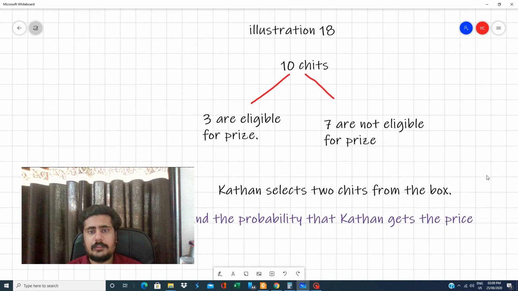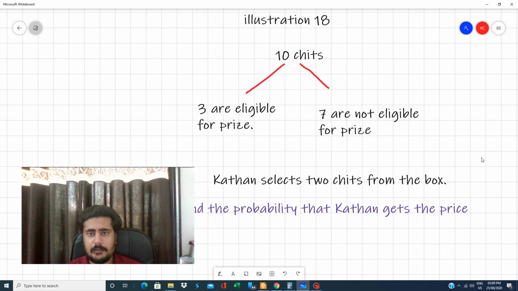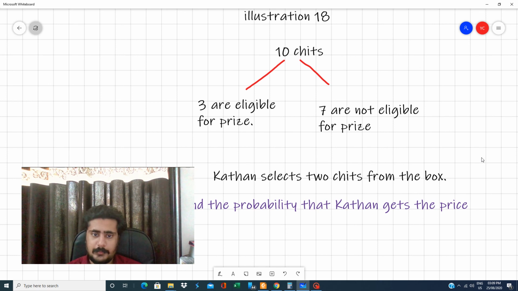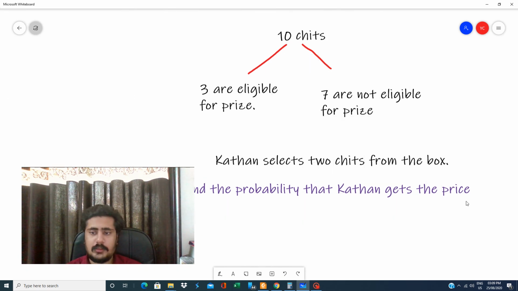Out of 10 chits, 3 are eligible for prize and 7 are not eligible for prize. Kathan selects two chits from the box. Find the probability that Kathan gets the prize.